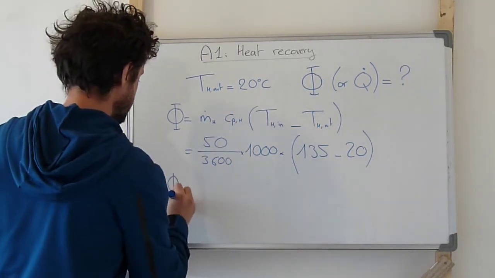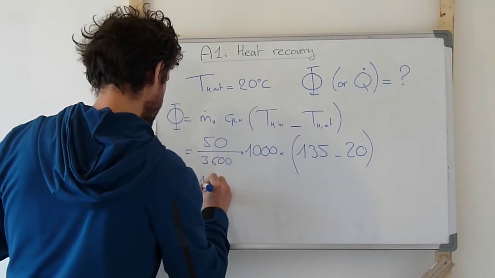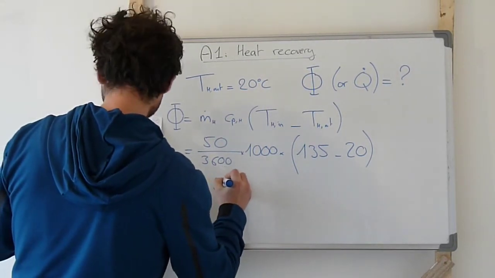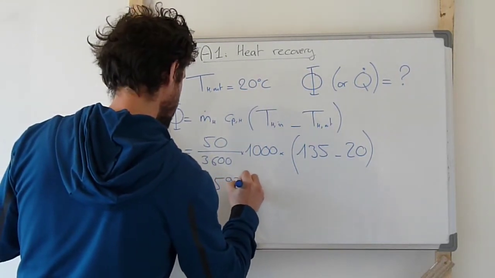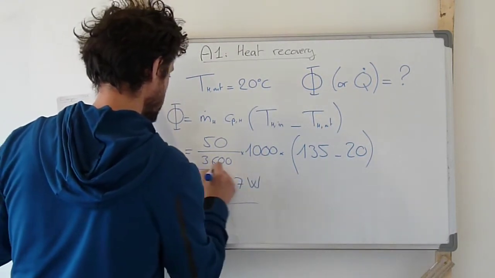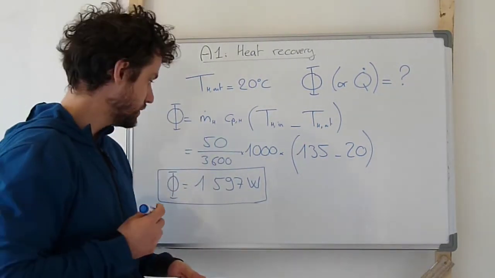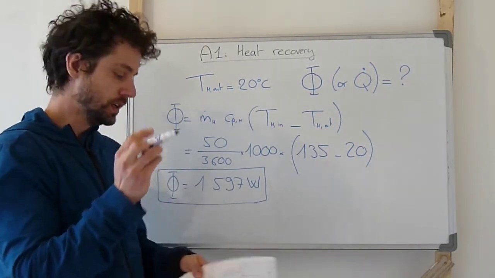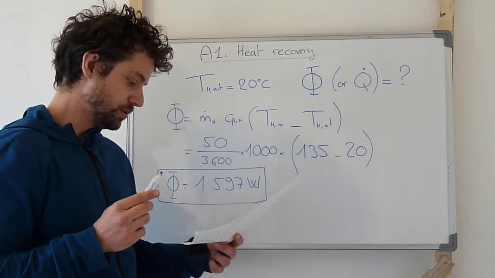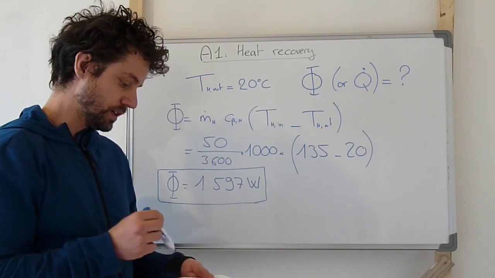Then you just do the calculation, and you get 1,597 watts. So it's close to 1,600, but I strongly advise to keep more than 2 significant digits if you don't want to have too much error at the end because of the approximations.